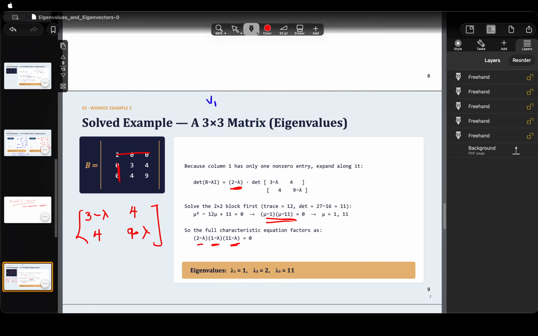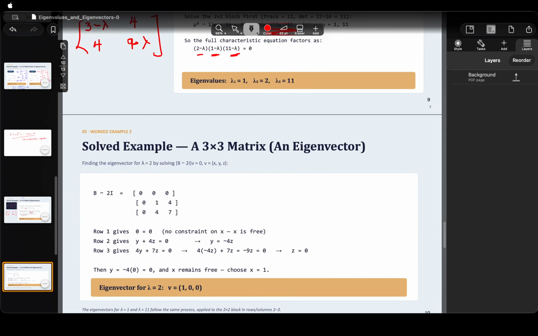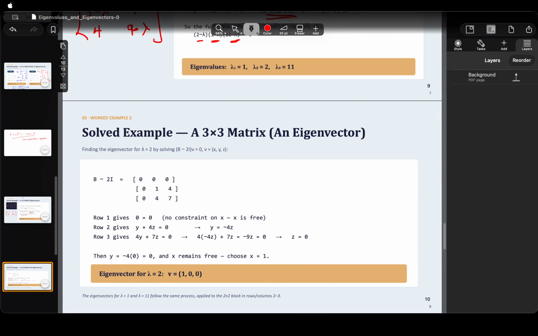For a 3 by 3 matrix, we have 3 eigenvalues, which will also mean that for each eigenvalue, we will need to find its corresponding eigenvectors as well. So you go through the same process, and you find the eigenvalues as well.